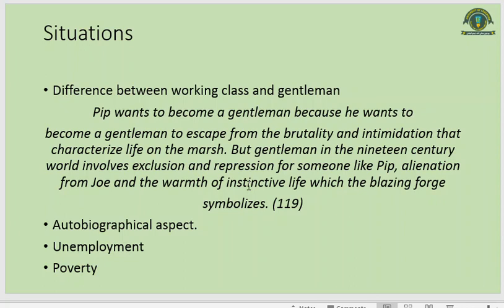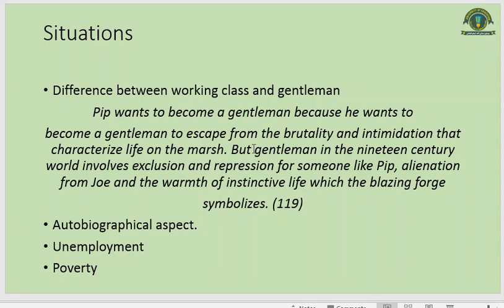And what type of things does he find in the city? He finds unemployment, poverty, and he shows that he can never become a gentleman in the 19th century, because 19th century gentlemen are like alienated people. They think of their own selves, and they don't look at others.